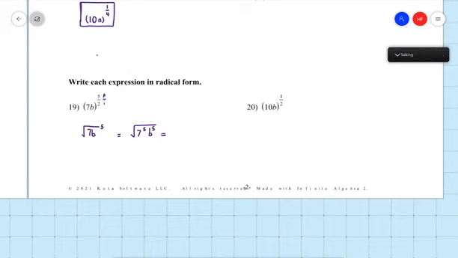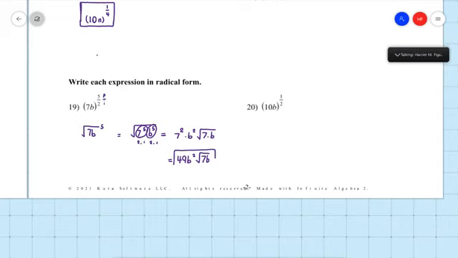So we need a power of 2 or greater. 5 divided by 2 is 2 with a remainder of 1. Again, 2 with a remainder of 1. So we've got 7 squared times b squared, square root of 7 times b, which is 49 b squared, square root of 7b.